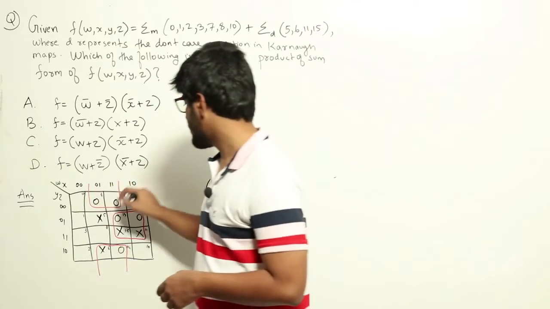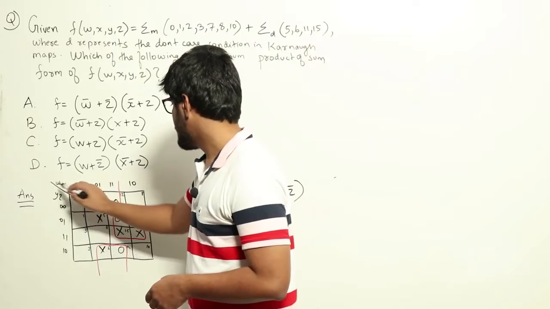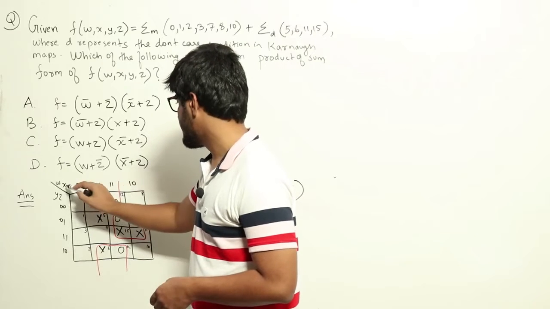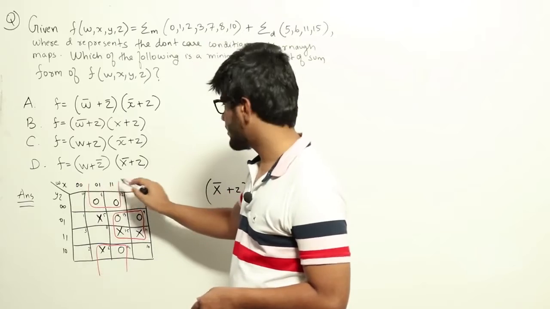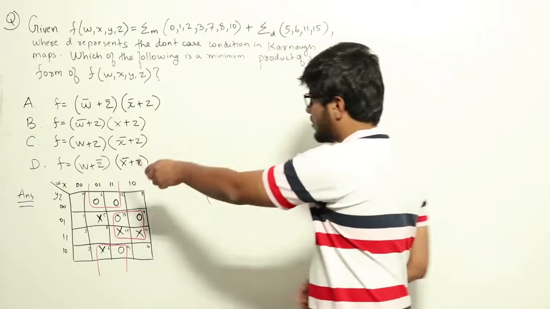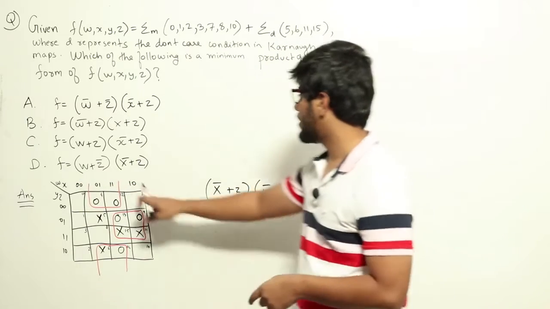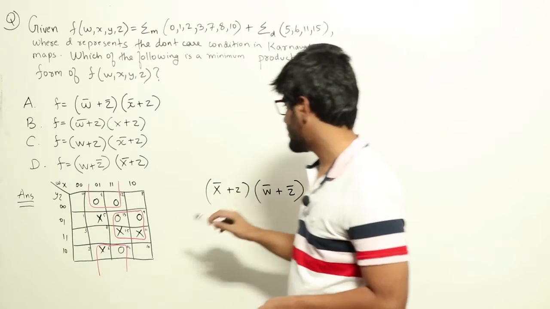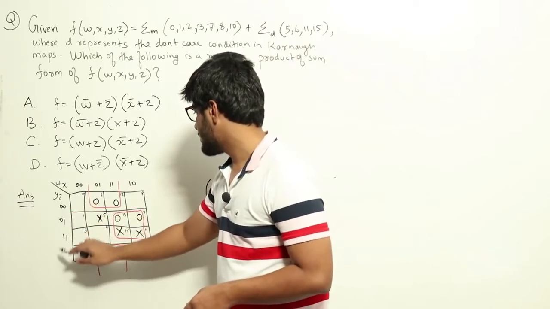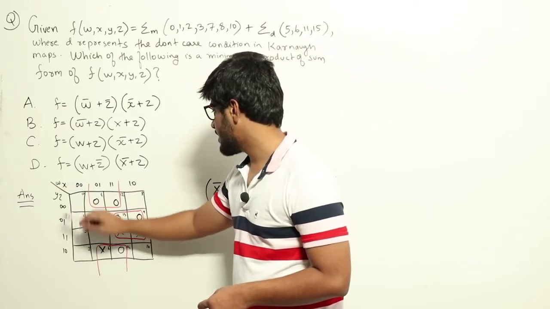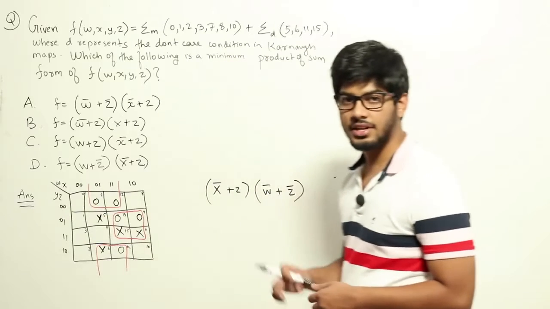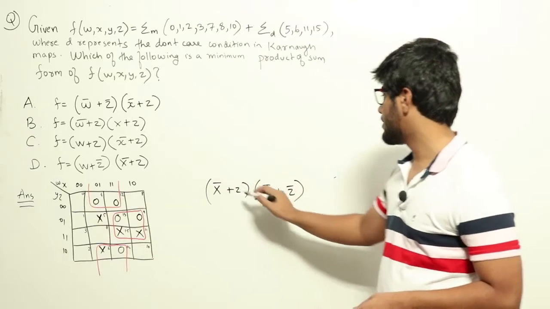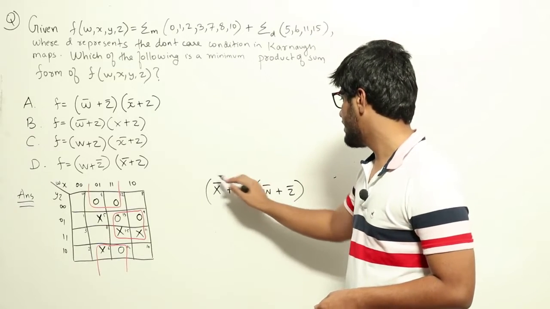If you look at this block, w changes from 0 to 1, so we won't take w. X is 1 to 1, so we take x. Since it is POS form, for 1 we need to take the complement, that is x complement. Plus y changes from 0 to 1 here, so we won't take y. Z is 0 to 0, so we take z also, that is x complement plus z.